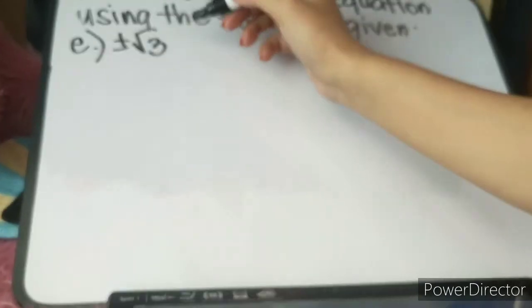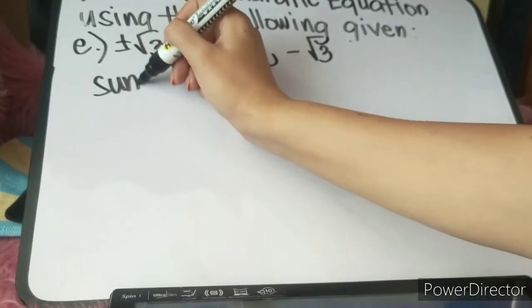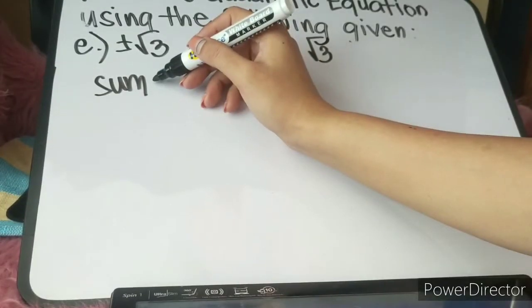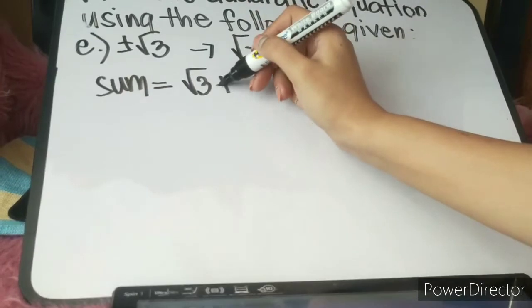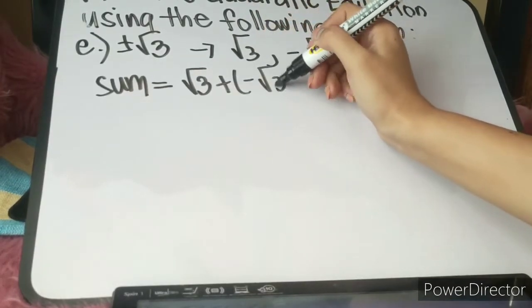Kapag ganito po, ang ibig sabihin niyan, ang roots po natin ay isang square root of 3, isang negative square root of 3. And of course, kapag kinuha natin yung sum niyan, we will be adding a square root of 3 and a negative square root of 3.